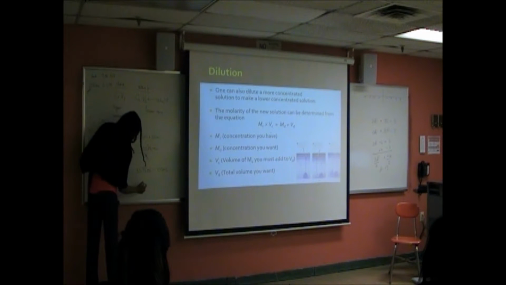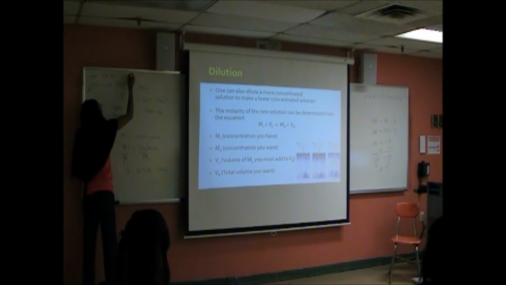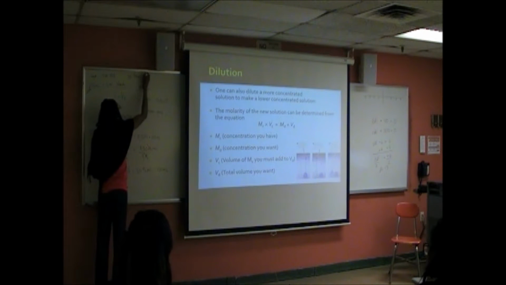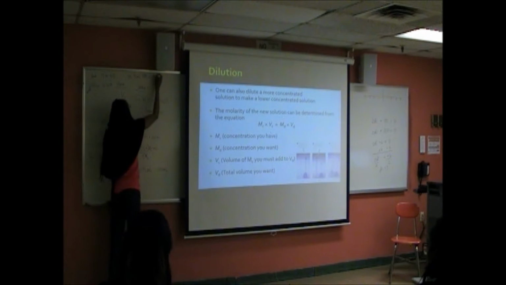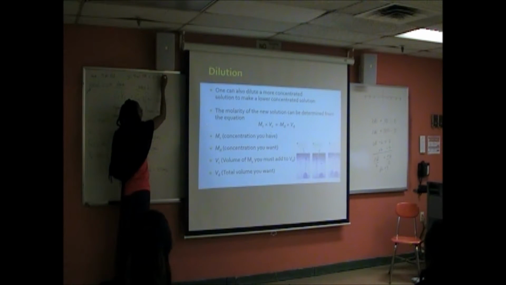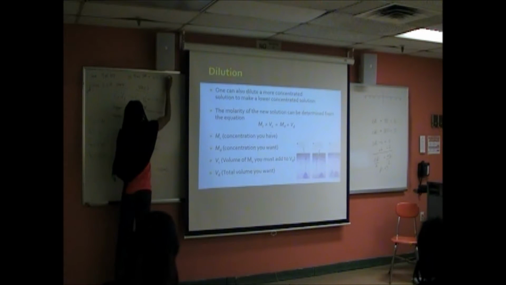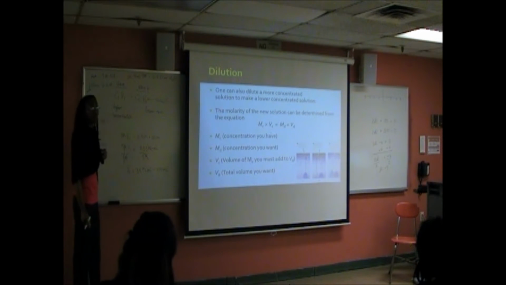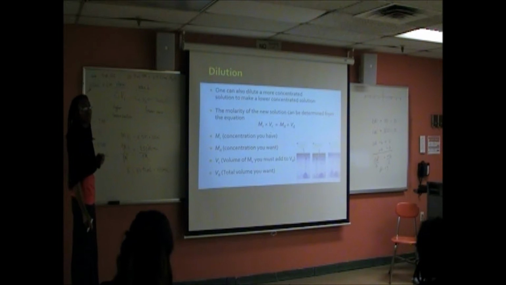So you're going to add 35.71 milliliters of your 7 molar plus 64.29 milliliters of water. This will now give you your 2.5 molar HCl solution.